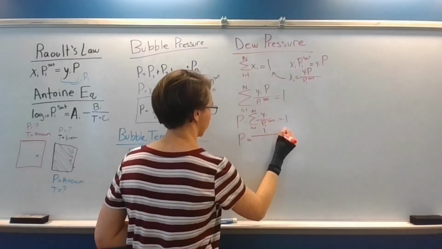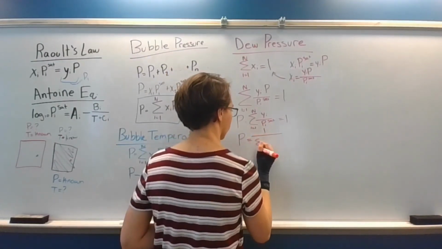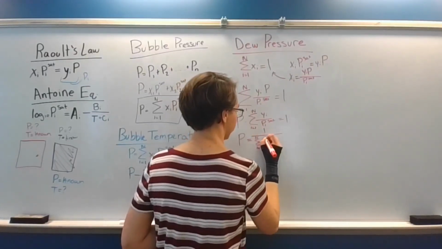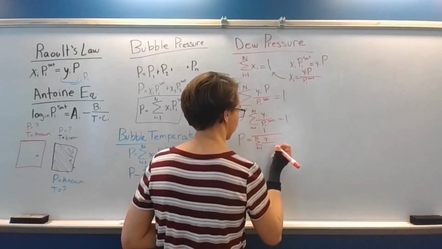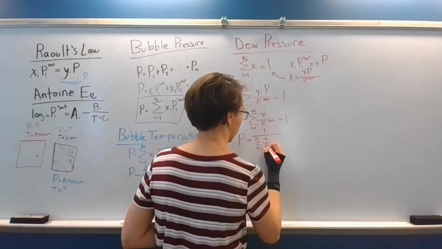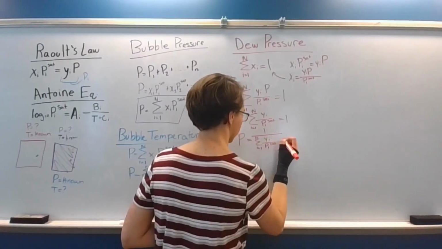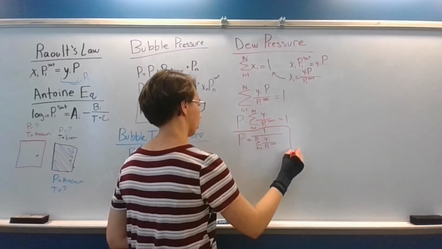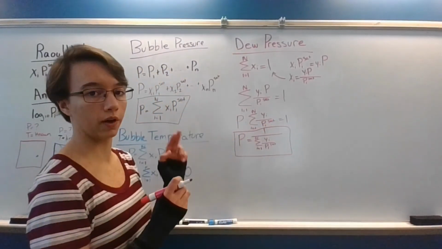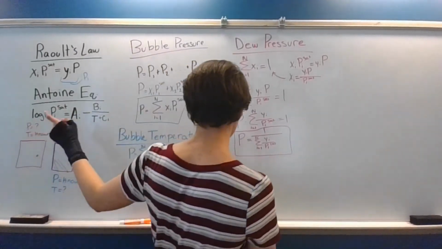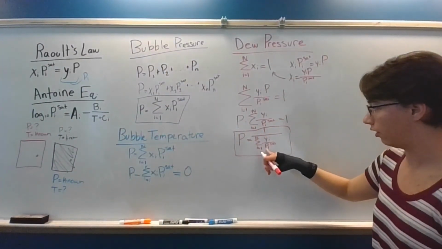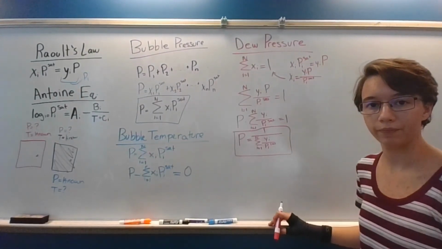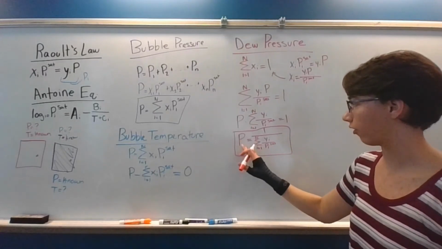So we'll just have 1 over the summation from 1 to n of the mole fraction in the vapor phase over the pure component vapor pressure. This is the equation we're going to use to find the dew pressure. Again, we know temperature, so temperature will be used to plug in for the pure component vapor pressure, and then we can use that to solve for the pressure.